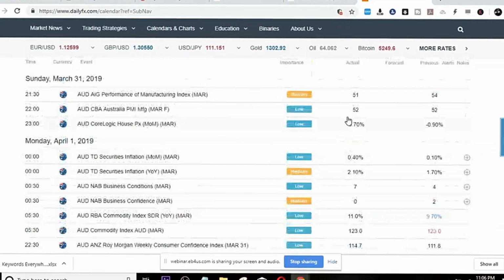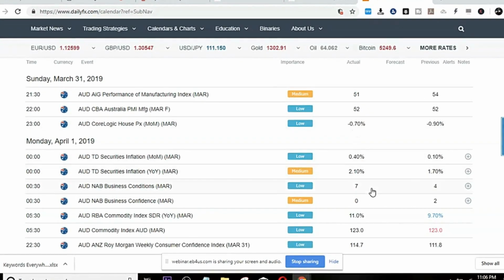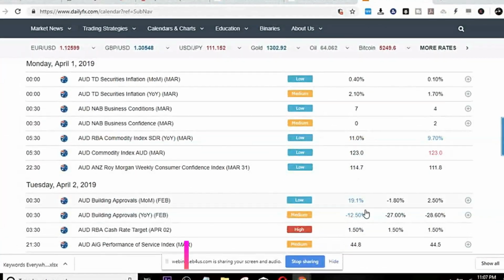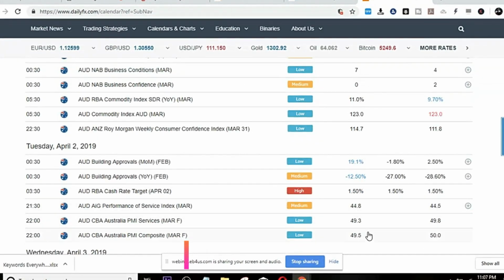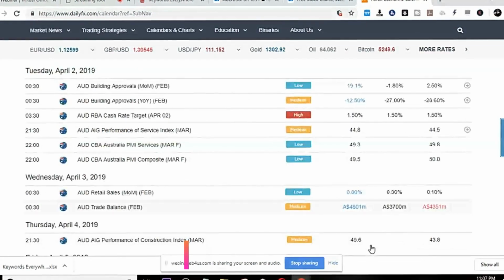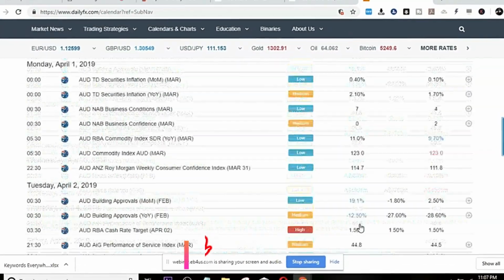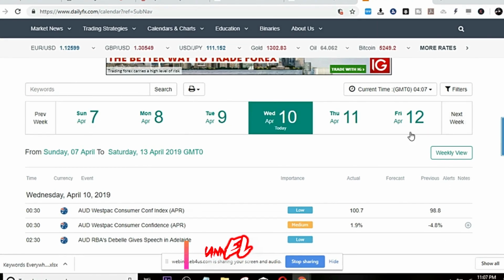Then you count the positive: 1, 2, 3, 4, 5, 6, 7, 8, 9, 10, 11. So you'll have 11 starting off for the week, and -4 for odd USD. So we got 4 negative, 11 positive.